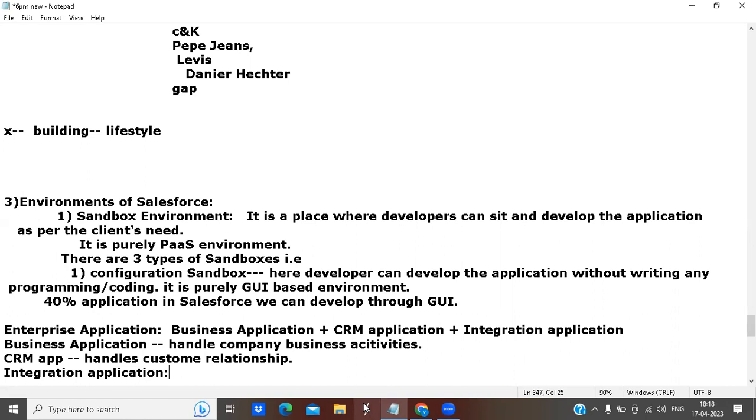Just you are integrating one application to another application via data flow, like JSON data flow and all.